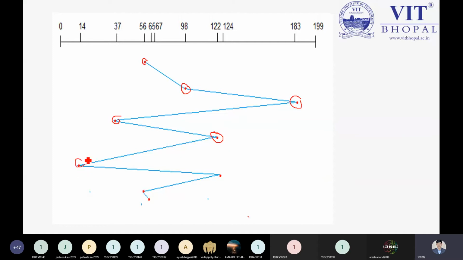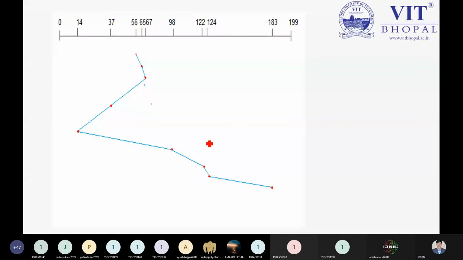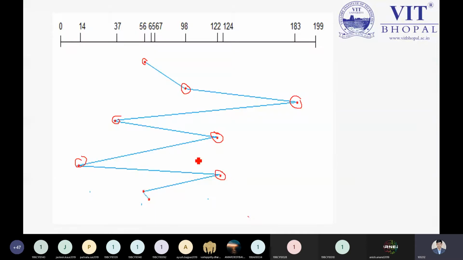Then we jump to 124. And last we have 65 and 67. This is how the disk is read on the basis of the cylinder.